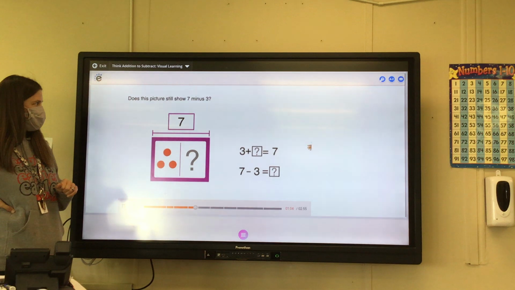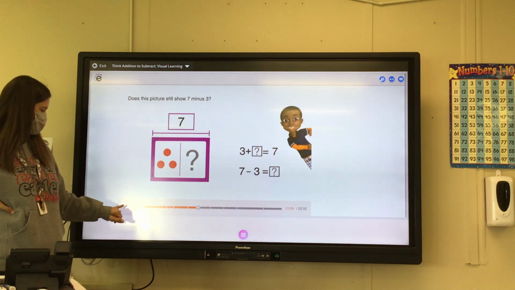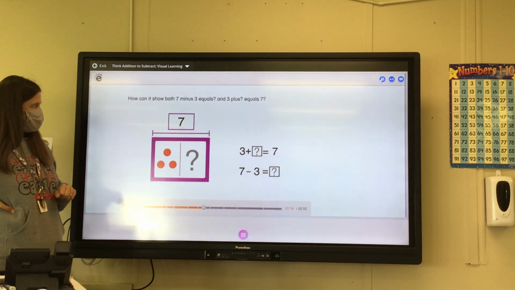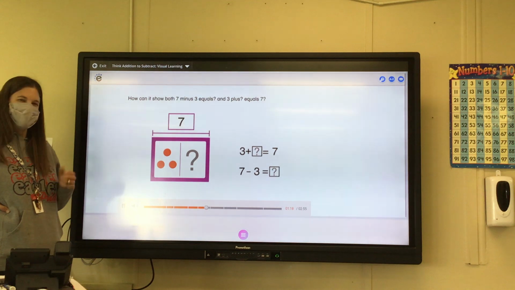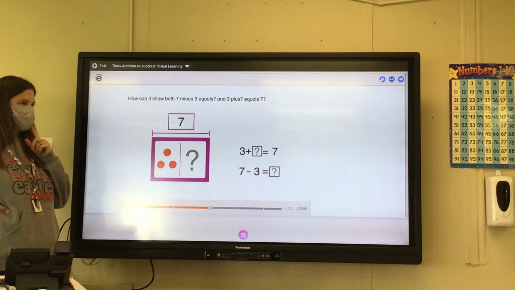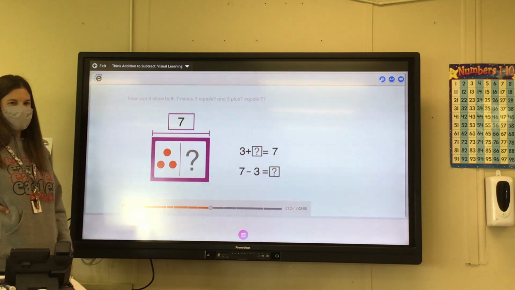Does this picture still show 7 minus 3? Yes, it still shows 7 minus 3. How can it show both 7 minus 3 equals what and 3 plus what equals 7? Let's find out.